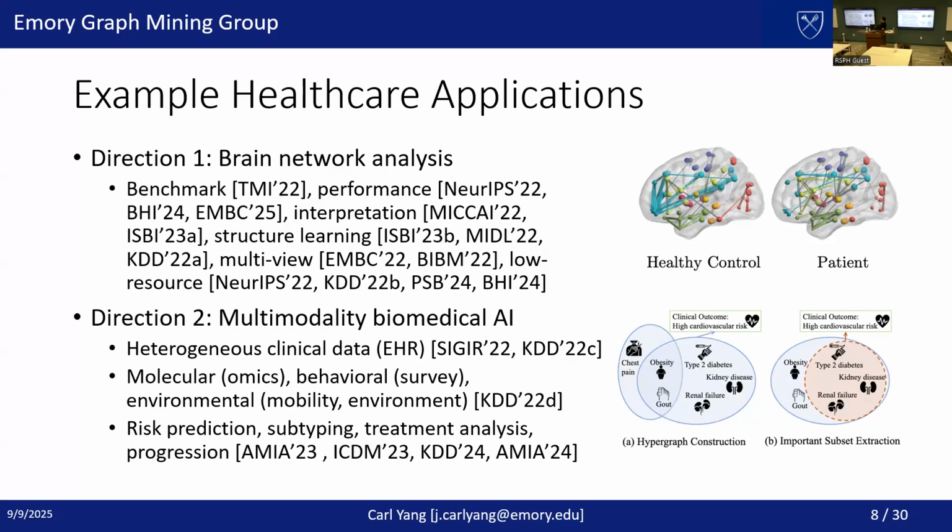That was actually the thing that got me into Rollins, into the BIOS department, because I was collaborating with a faculty member called Ingo there. We worked a lot on the brain connectome. Because my earlier research was a lot on graph neural networks, and we applied many different graph neural networks and designed certain tricks to make them work on this kind of brain graph.